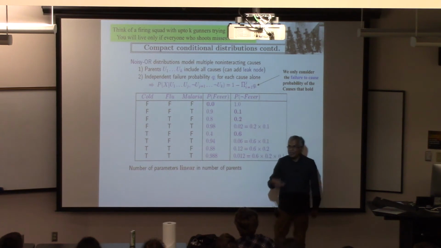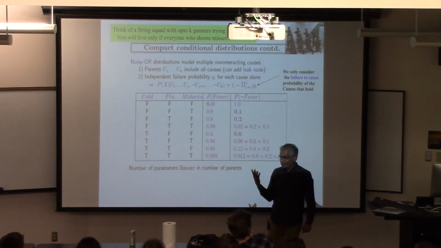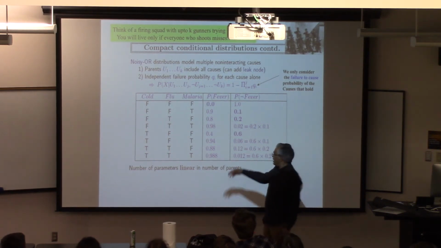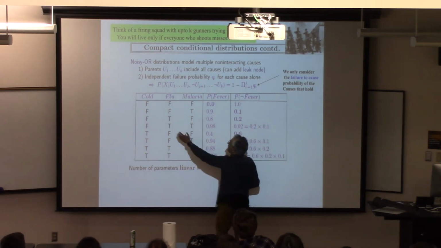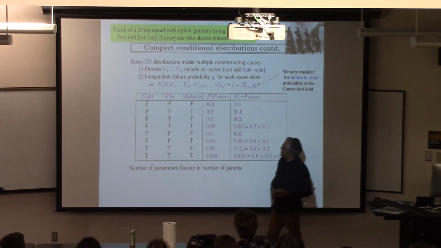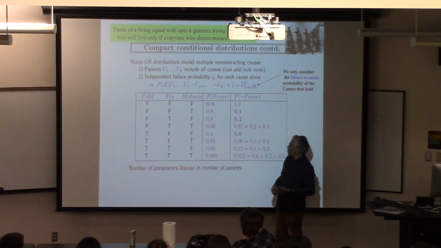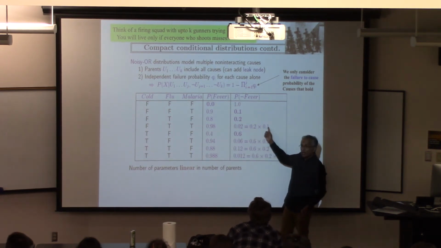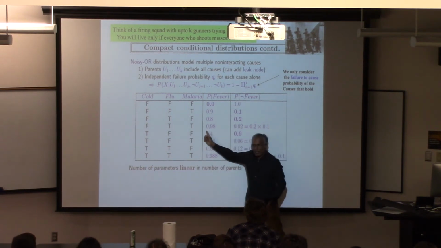Given these 3 numbers and the noisy-OR-ness of the distribution, you can compute all of the numbers. Do you see what I'm saying? If, for example, you consider something like this, flu and malaria are present, then for you not to get fever, both of them should fail, which is 0.2 times 0.1. Which means you getting fever is 1 minus that, 0.98.